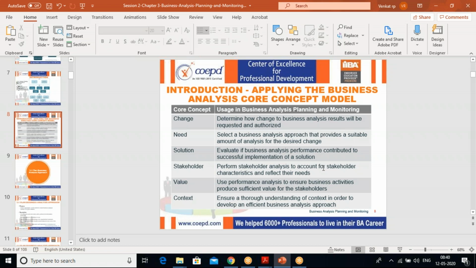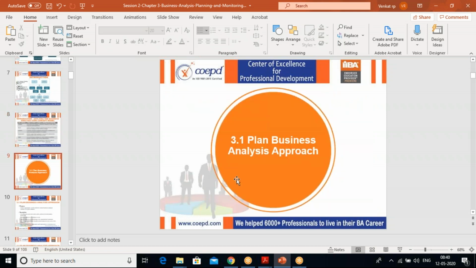Fine, got it. Let us discuss the first one, that is plan business analysis approach. Please keep in mind the framework of what a task has. Number one, it has the purpose, then a description, then inputs, then elements, then outputs.